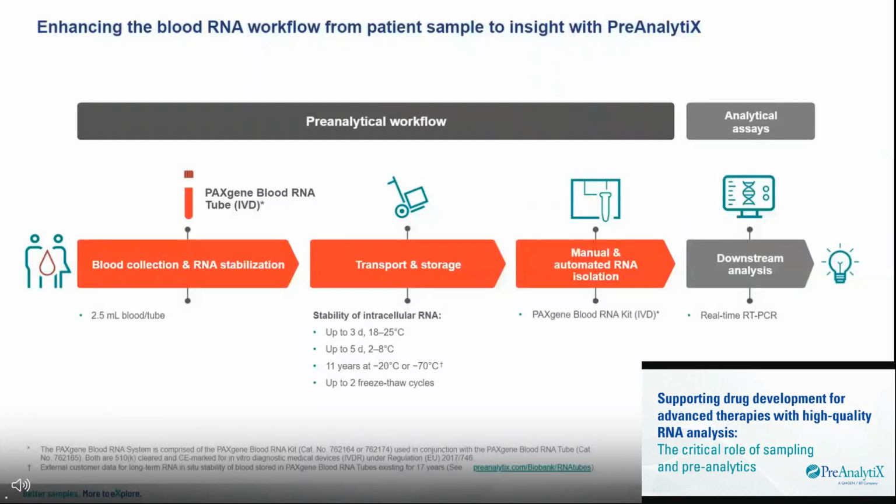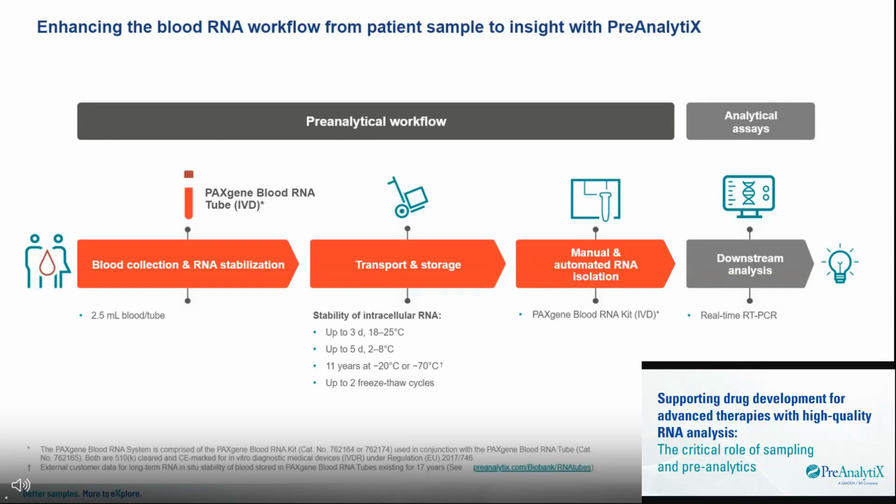This slide gives an overview of the PAXgene Blood RNA workflow and some of the verified performance claims. We discussed already that storage at room temperature for up to 3 days is verified. At refrigerated conditions, we verified storage of up to 5 days, and 11 years of storage at deep freezing temperatures.